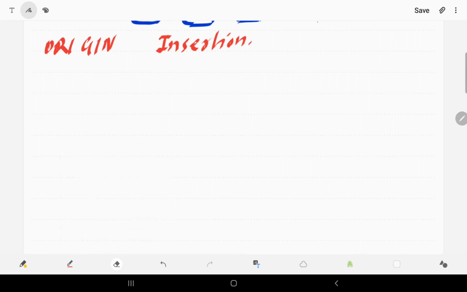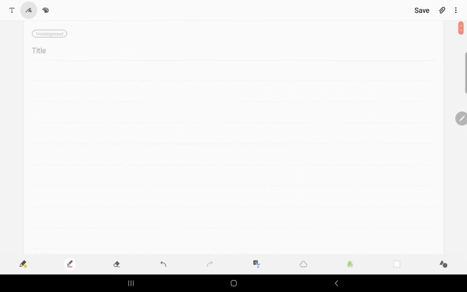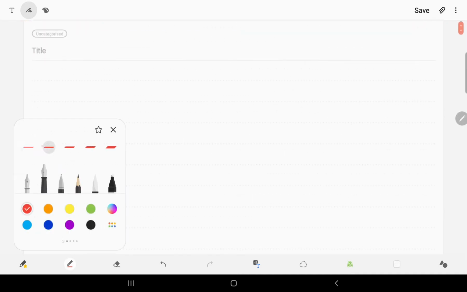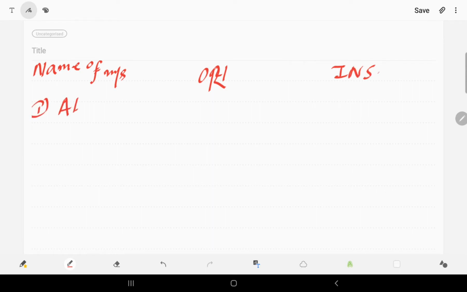Here, this is the name of the muscle, its origin and its insertion.